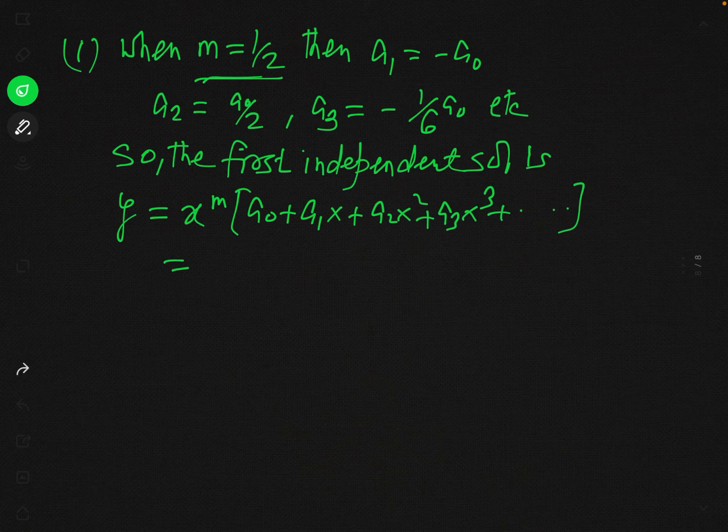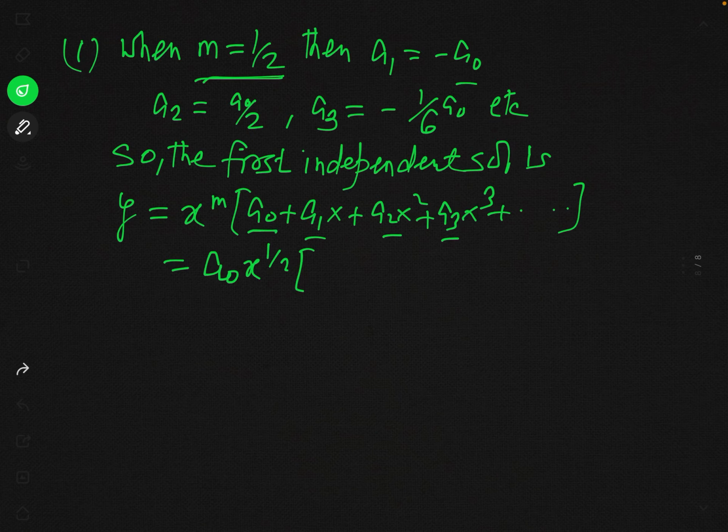Now, in this case, m is equal to half and all the coefficients a1, a2, a3 contain this a naught. So we will take a naught as a common factor and substitute half in place of m. So this will be a naught into x to the power half.